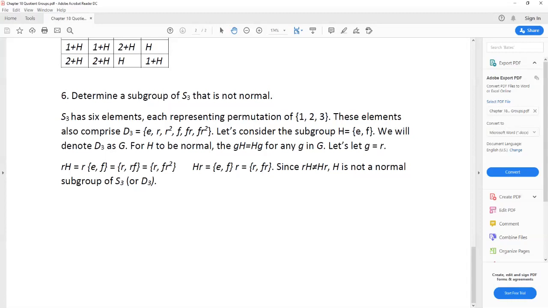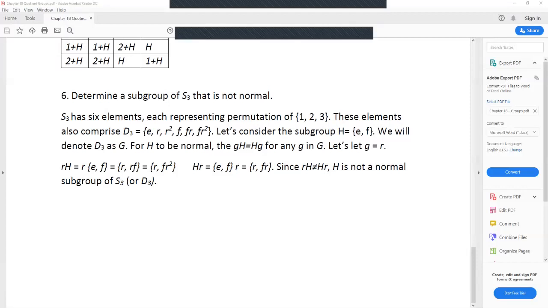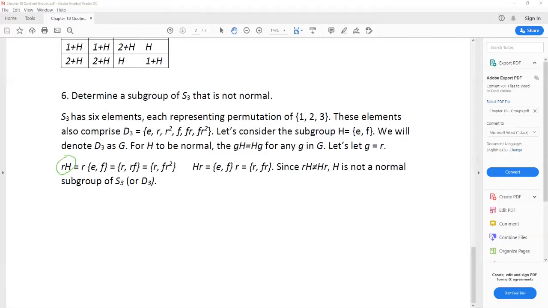Well, RH ends up generating R, F R squared. But HR generates R, F R. Notice that these are not equal sets. And since RH is not equal to HR, then that means that H is not a normal subgroup of S3.